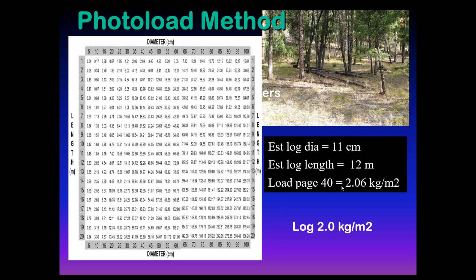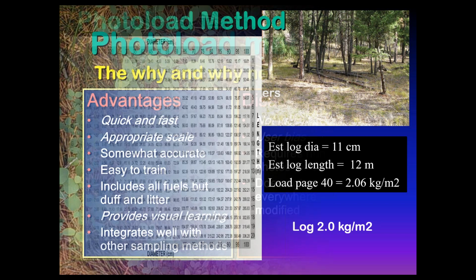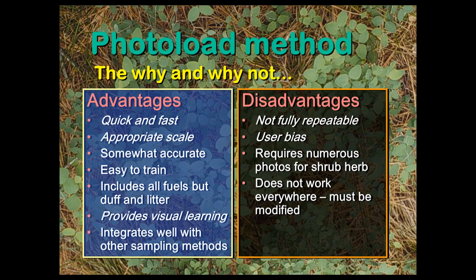So with this tabular method, we actually found out we're much better off measuring these logs than we were before. So this tabular method ends up being much more accurate and much more fun. And of course, if you want, you can measure each individual log, or you can do it as a whole. So it's scalable. And people generally, almost always, 90% of the people use these tables. And that, in a nutshell, is the Photoload sampling.